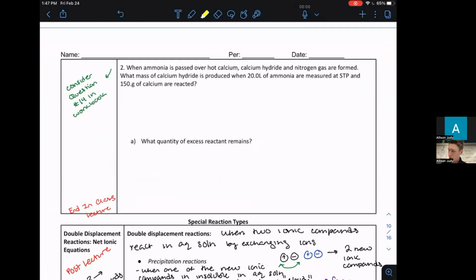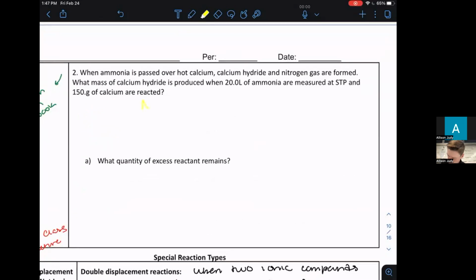So ammonia is NH3. Oh, I'm still on highlighter. Ammonia is NH3. Plus we have hot calcium, which is just going to be Ca. We're not told that it's with anything else, so it's just going to be Ca. Then we are told it's calcium hydride, which is CaH2.